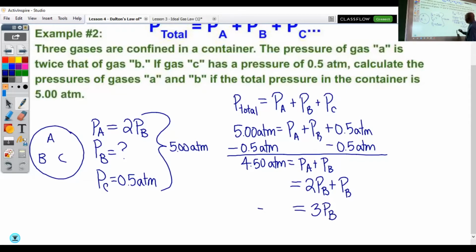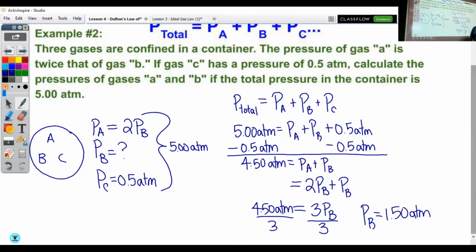If 3 times the partial pressure of B is equal to 4.50 atm, then I can simply divide both sides by 3 to get the partial pressure of B equal to 1.50 atm, or the result of taking 4.50 and dividing it by 3.